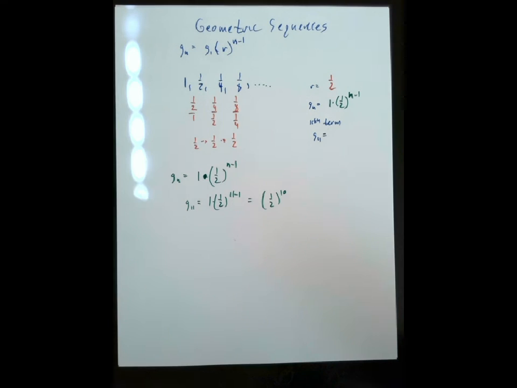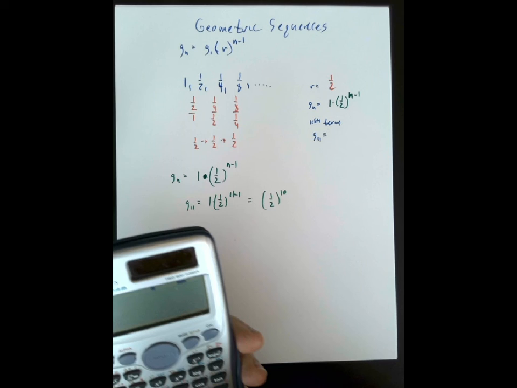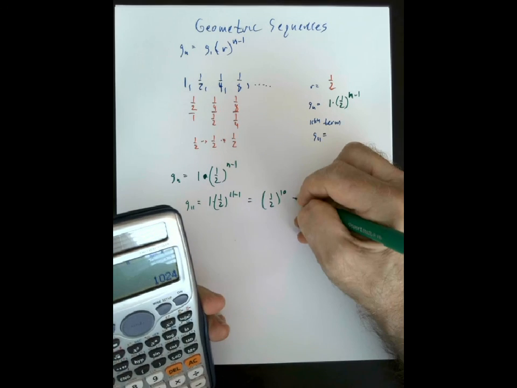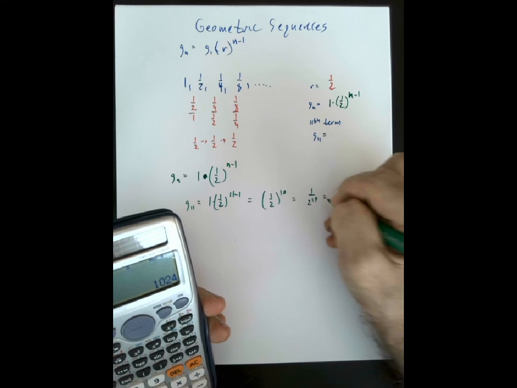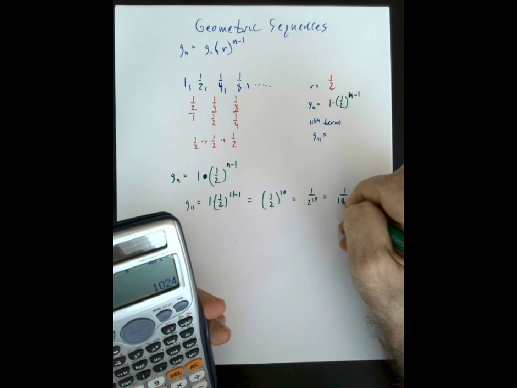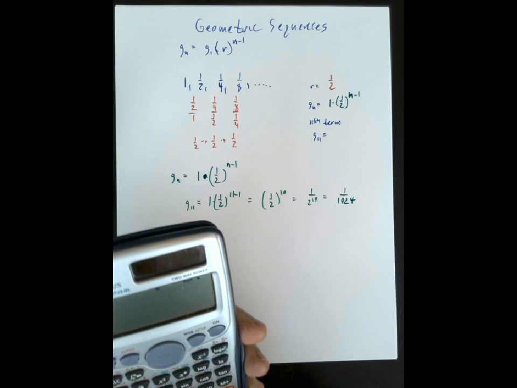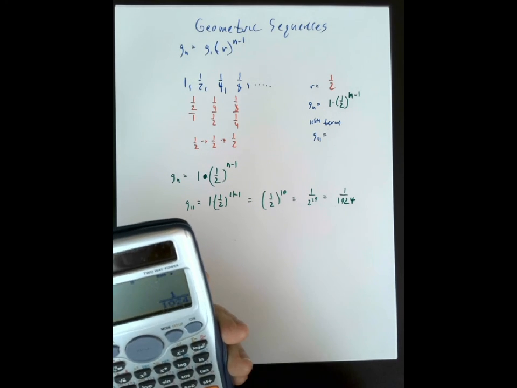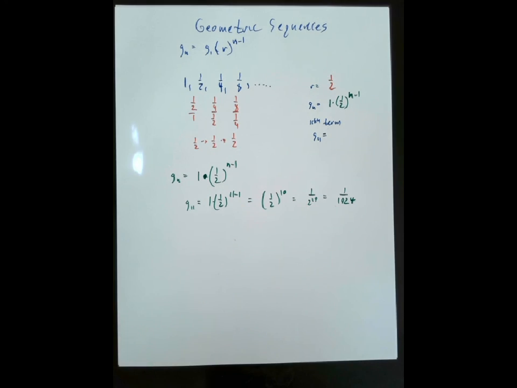And according to Mr. Calculator, that's going to be 1 over 2 to the 10th power, or 1 over 1024. Okay? Now, if you just do 1/2 or 0.5, yeah, okay, so they give us that. So that's 1 over 1024. That would be the 11th term of that sequence.